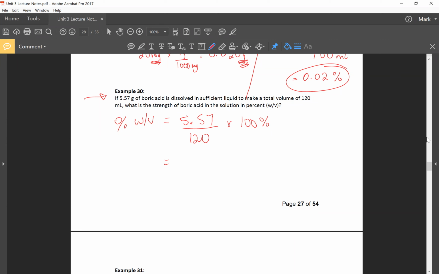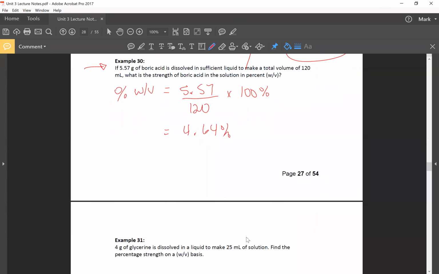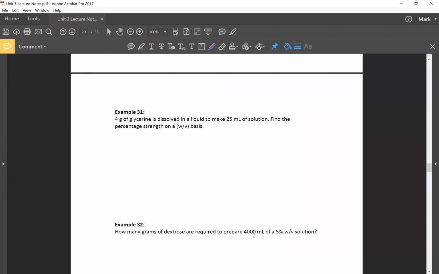We don't need to worry about units, but it is really important to make sure you have grams and then milliliters. So we get 4.64%, and that's it.